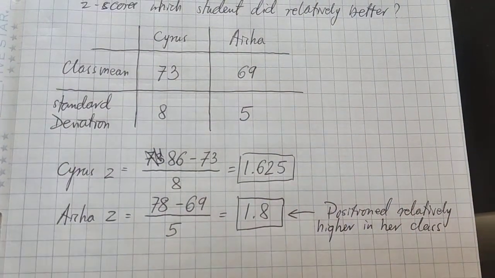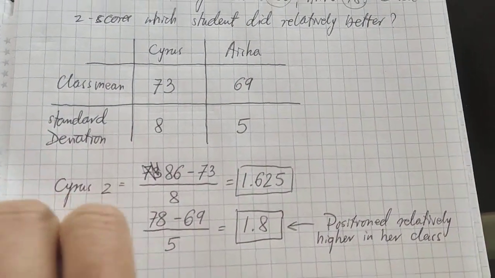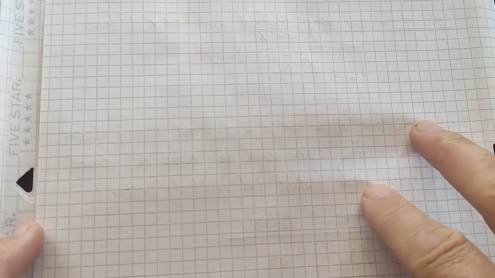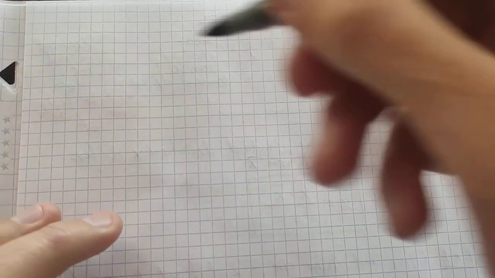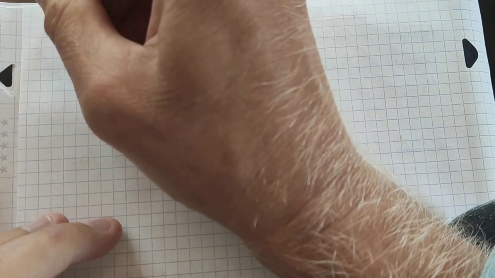Let's move on. Another measure I want to talk about is percentiles. We'll have four different measures. Percentiles are related to deciles and quartiles, which we'll talk about later. But for now, let's look at percentiles.